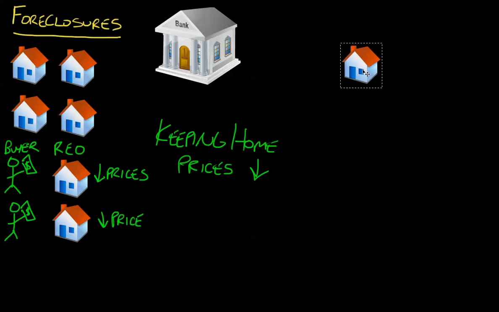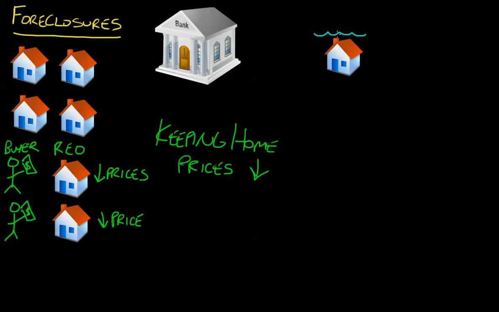Let's use this homeowner as an example, who maybe was kind of hanging on by a thread, waiting for the housing market to recover and for prices to increase. But instead, they keep seeing these foreclosures and REOs come on the market at these low prices, and it ends up driving their property value down to a point where they're now underwater.